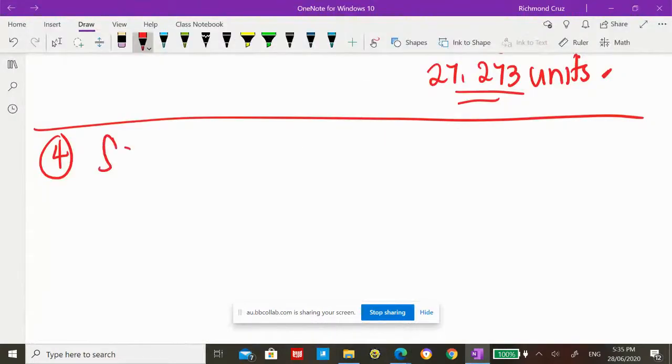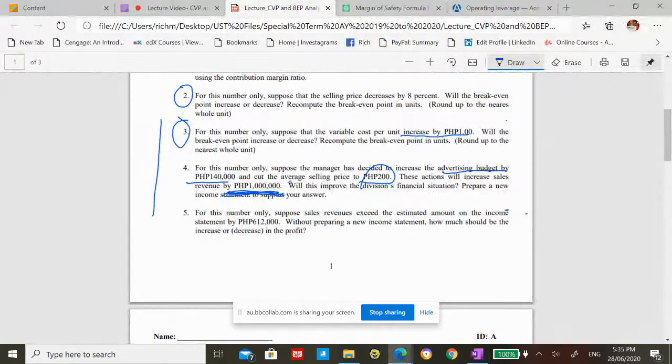So, ang magiging bagong sales natin, kasi binigay na sa atin is amount na eh. Hindi naman siya yung number of units. In case number of units yan, we need to, as if the selling price will be 200. But this time, the problem provided to us, the increase in sales already. So that is 1 million.